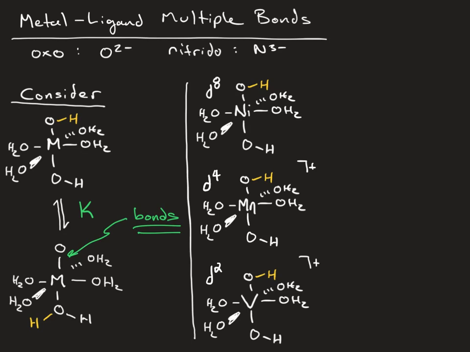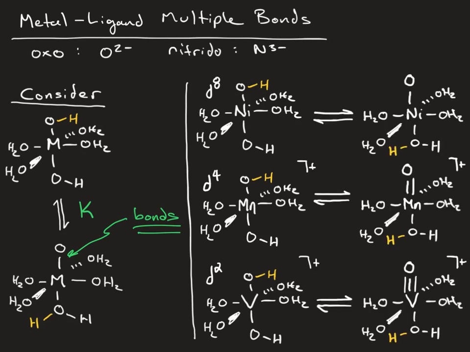If we were to set up the equilibrium between these dihydroxo and the oxo complexes, we would draw the metal oxos as such, where we would place a single bond between the nickel and the oxygen for that d8 complex, a double bond between the manganese and the oxygen for the d4 complex, and a triple bond between the vanadium and the oxygen for the d2 complex.